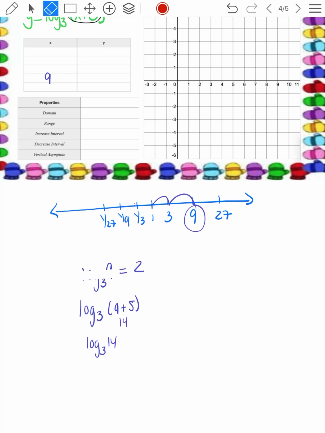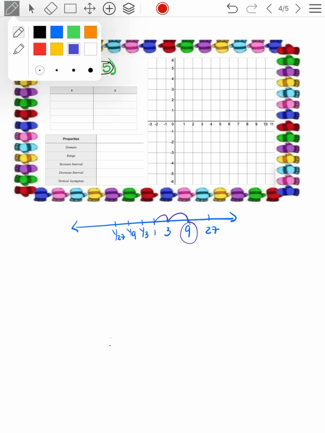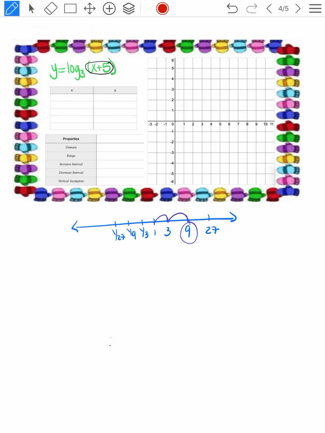So what we're going to do instead is we're going to try to create these numbers we want. The numbers that I want to hit are 1, 3, 9, 27. Those are the numbers I want to land on. Those are what I want my x values to be.